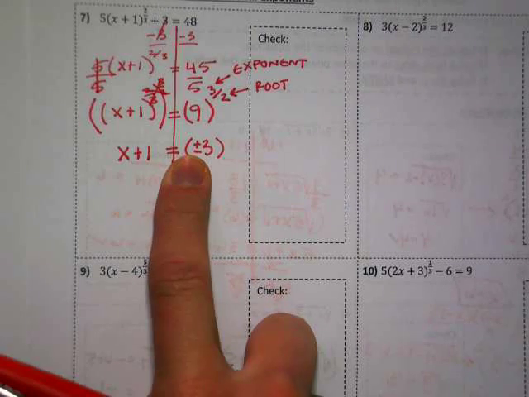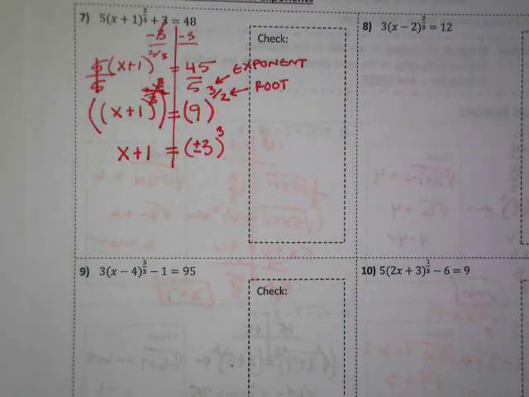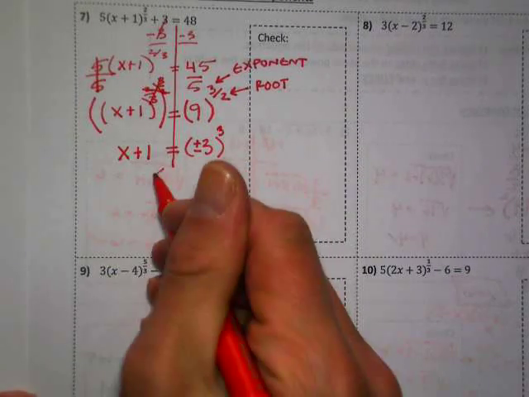So even root, I had to plus minus. So plus minus 3, and I still haven't taken care of my exponent yet. So my exponent is still a 3. Because of the plus minus, I'm going to be getting 2 different answers. So I'm going to write this as 2 separate equations.